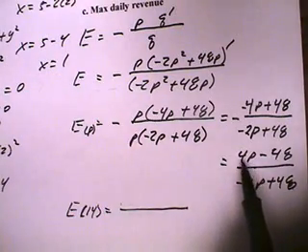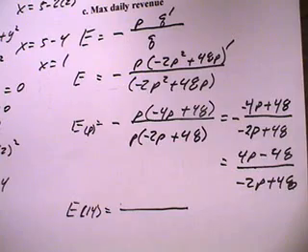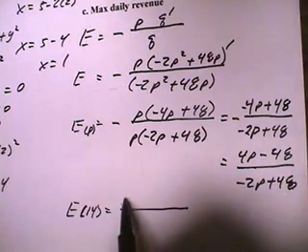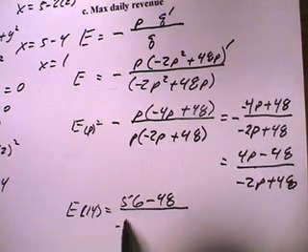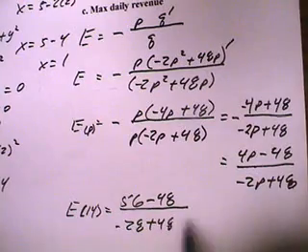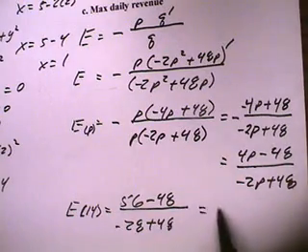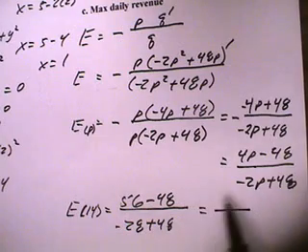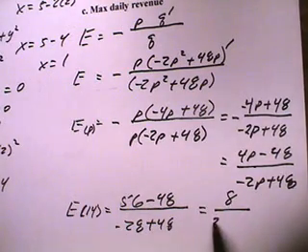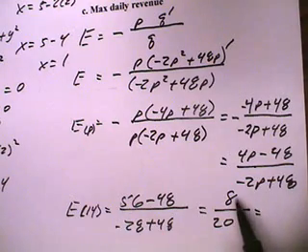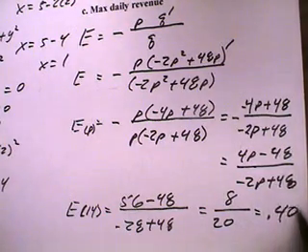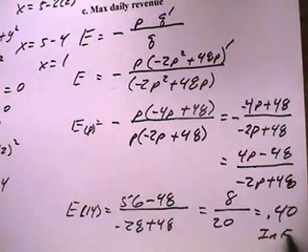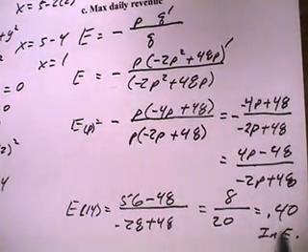We'll get 4 times 14, which is going to be 56, then minus the 48, and then negative 2 times 14 is going to be negative 28 plus 48, and that's going to be, let's see, 8 in the numerator and 20 in the denominator, which is 0.4. Alright, so this is inelastic, because it's below 1.